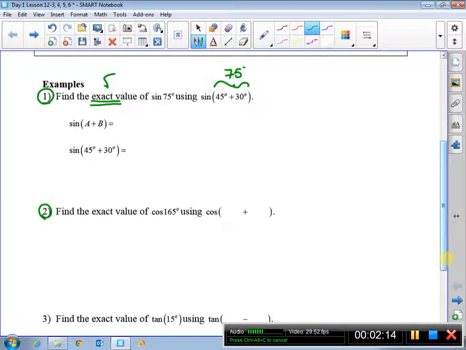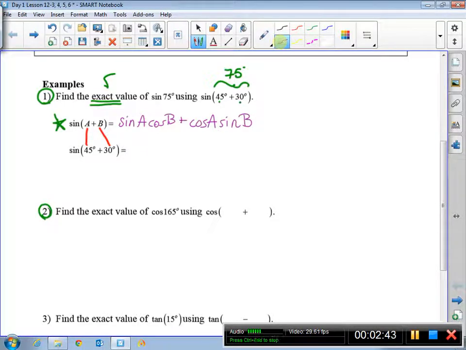So since I'm using the sine of two angles added, I need to start by writing that formula down. So the sine of A plus B formula from above says sine A cos B plus cos A sine B. And here we can see that angle A is 45 degrees and angle B is 30 degrees.